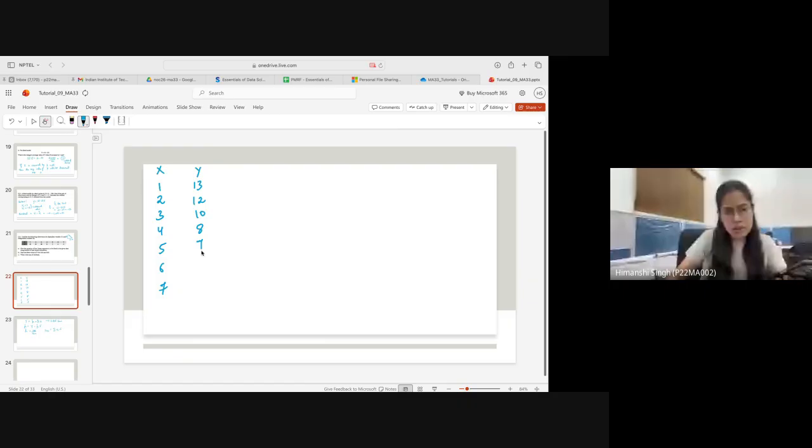Fine. So the summation xi came out to be 28, and the sum of yi is 58. So x bar is 4 and y bar is 8.28. Now I want to calculate xi minus x bar, yi minus y bar, and their product.